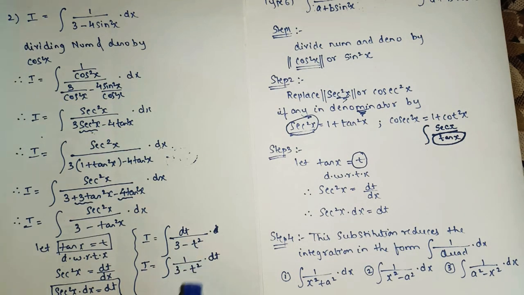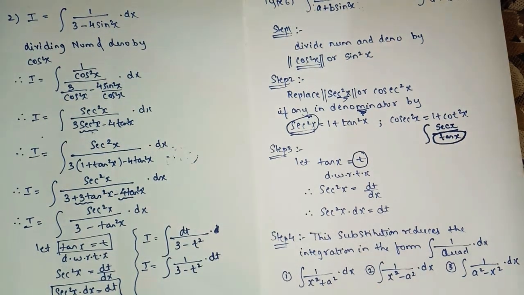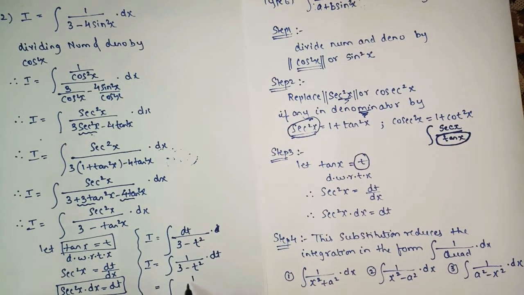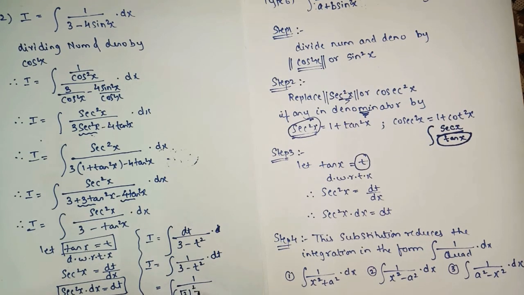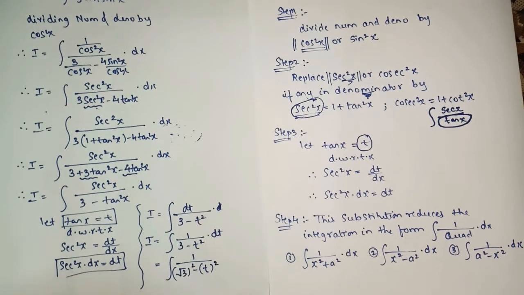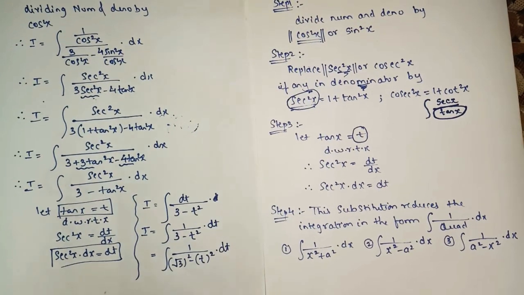Yes, it is in the form of 1 upon quadratic, but here also the middle term is absent, and we know that whenever the middle term is absent, what exactly we have to do. So here directly we can write 3 as root 3 the whole square, and t as t the whole square into dt.